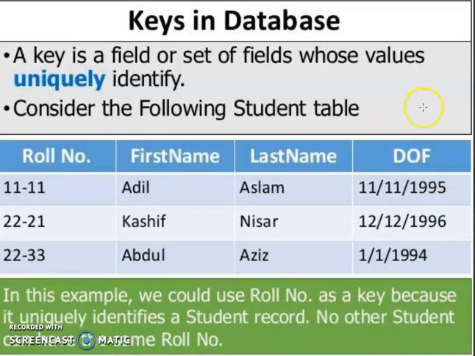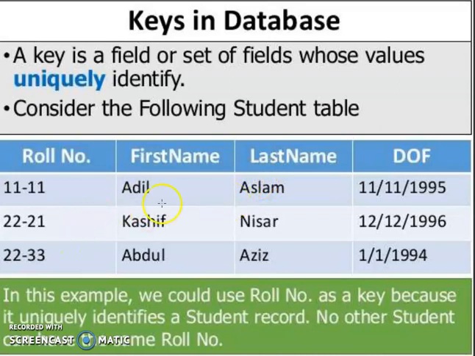That is where we use keys. A key is a field or a set of fields whose values uniquely identify a record. For example, the roll number won't be repeated for many students, so it's a unique number.